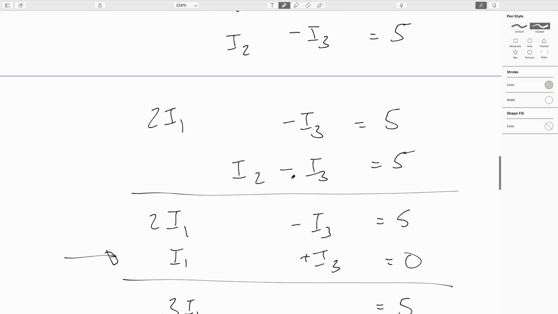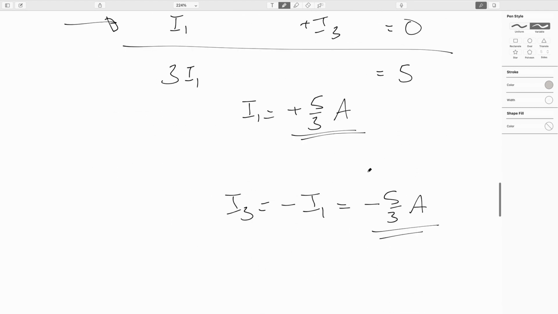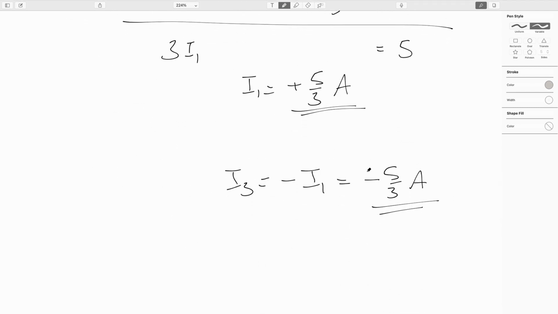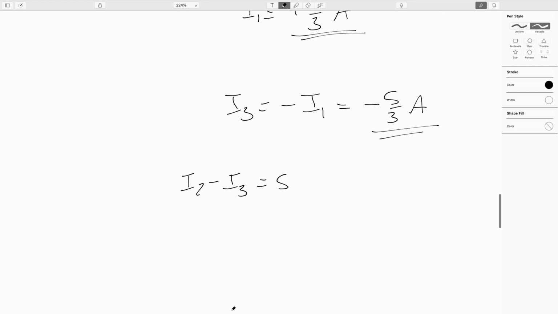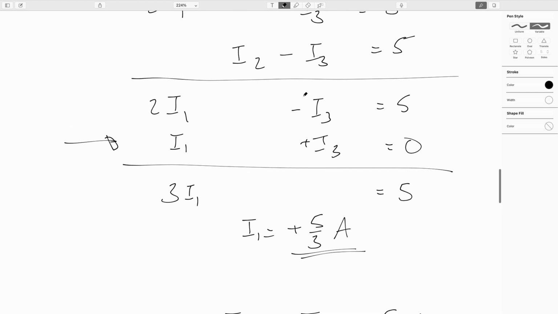So we can just use this I2 minus I3 equals 5. Sure, that sounds good. So from I2 minus I3 equals 5, we get that I2 is equal to 5 plus I3, right? Yeah, I2 minus I3 is 5.